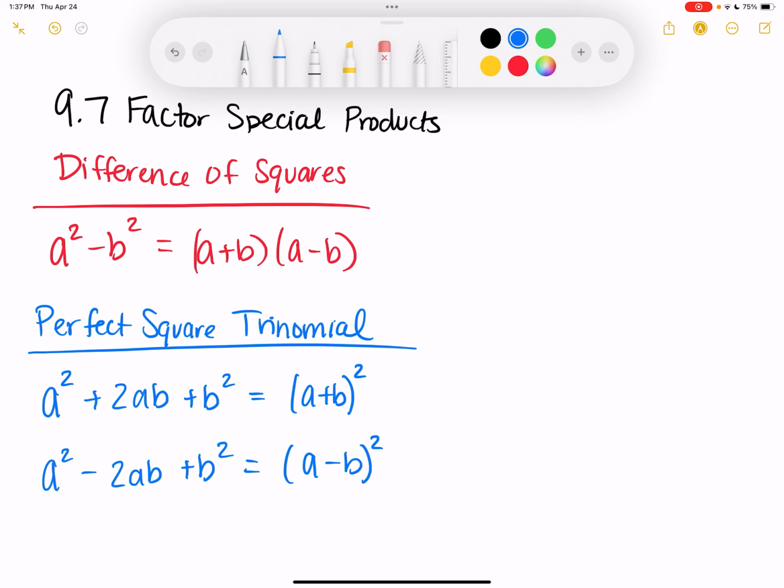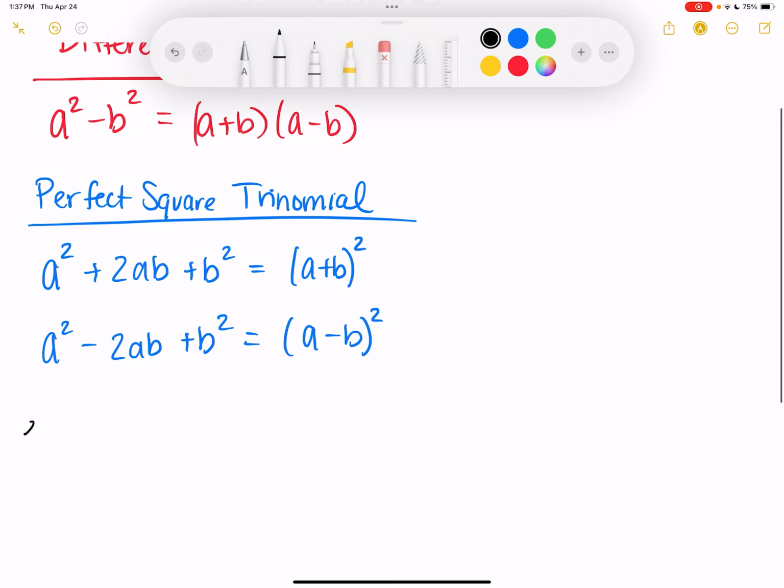Okay. So an example of difference of squares, if I have 4y squared minus 64, what I would say to do as you're getting used to them is to write these things as the square of something until you're familiar with what you're looking for. So 4 is what squared?